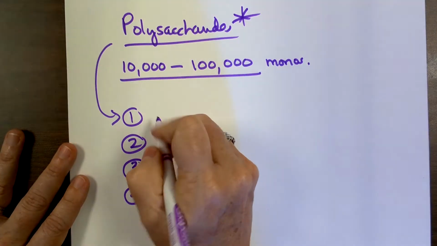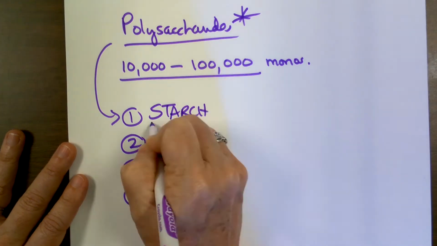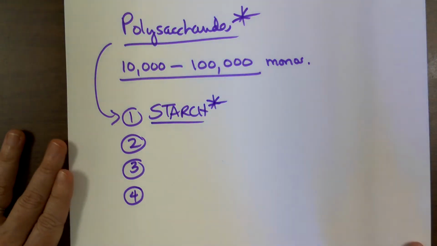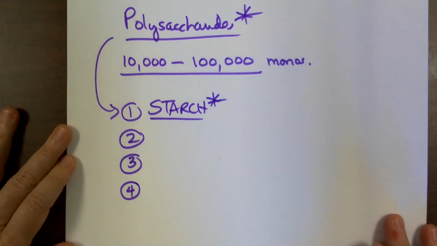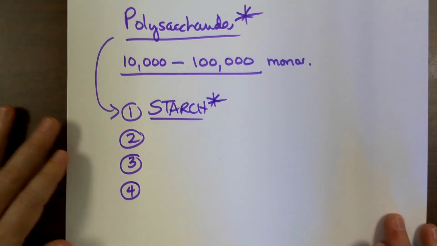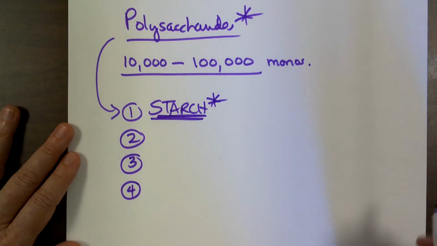The first one I'm going to start with is starch. All right, starch is the one that all of us crave. And the reason we crave it is because it contains the absolute most calories, most energy of all of the carbohydrates.